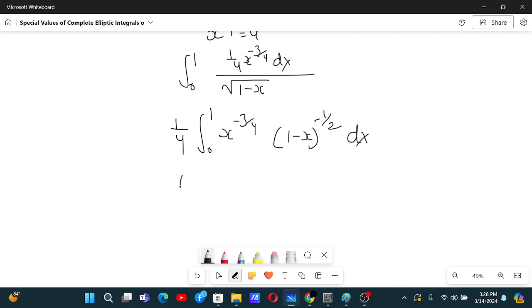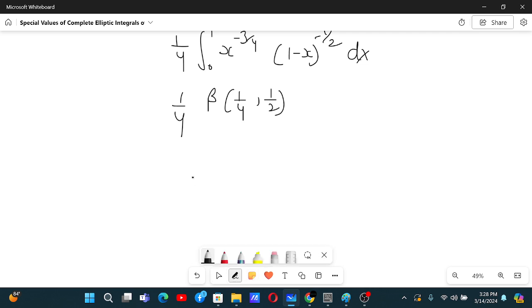Now this is a simple beta function, beta of 1 by 4 comma 1 by 2. And so we have 1 by 4, this is gamma 1 by 4 gamma 1 by 2 by gamma 3 by 4.